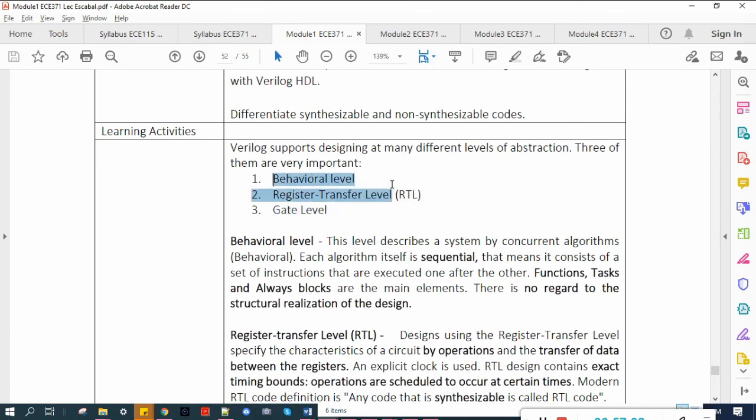These two are used by RTL designers. Gate level, usually this is automatically done by the software tool, and you check the gate level during your timing verification, and if you check for errors or warnings during synthesis.